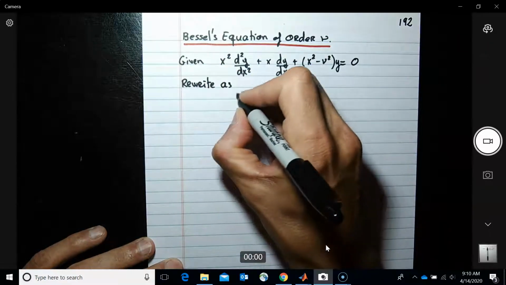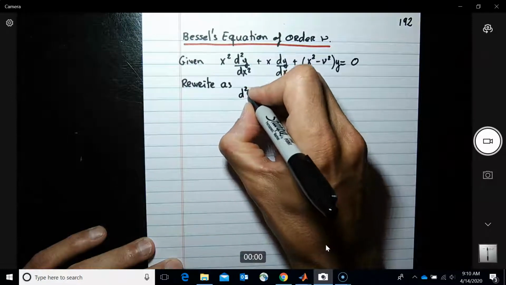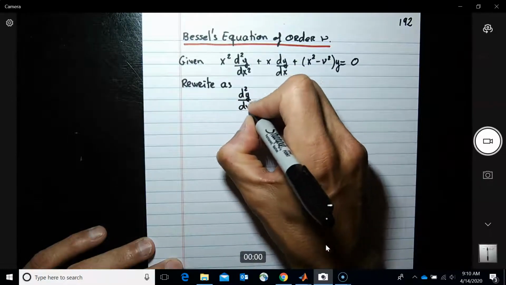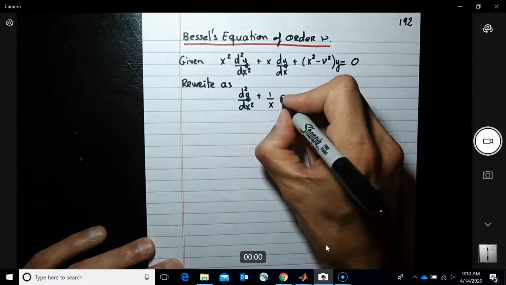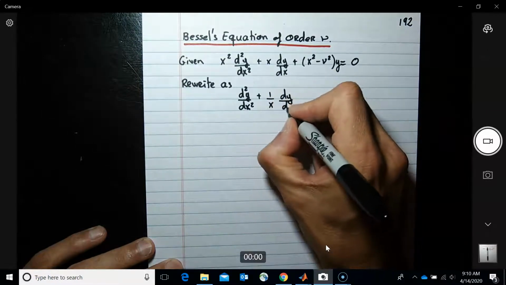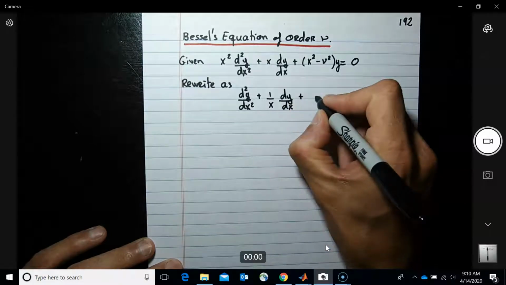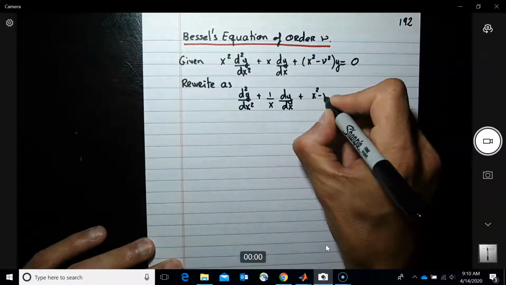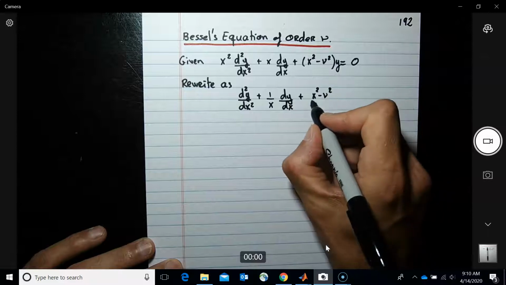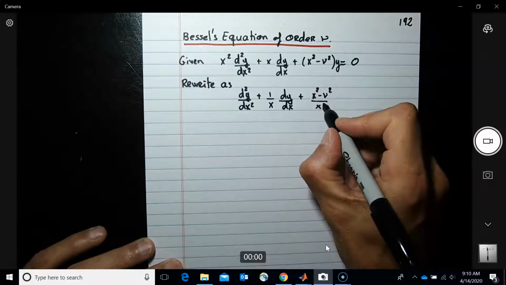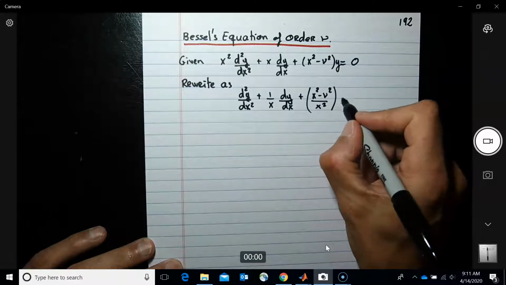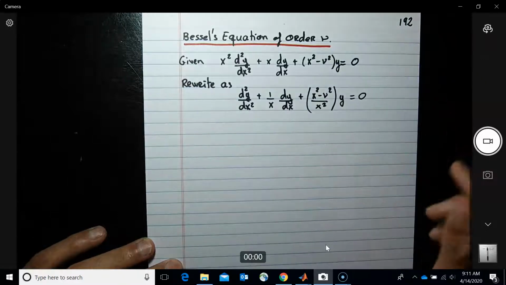Alright, so we can rewrite as the second derivative of y, we divide by x squared, plus 1 over x dy dx plus (x squared minus mu squared) over x squared times y equal to 0.